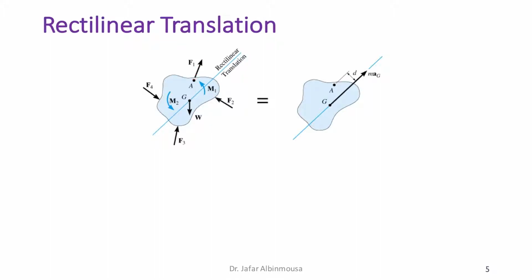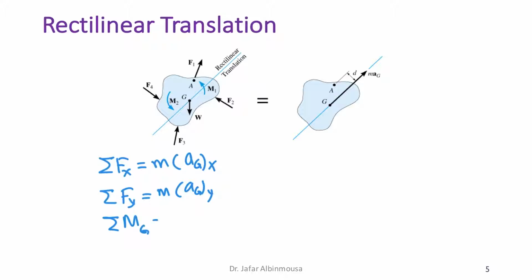If a body which is acted upon by different forces and moment ends up translating along a rectilinear path, then this free body diagram would be represented in the kinetic diagram as one acceleration vector acting along the path of the translation, and we can represent this by the sum of all forces along x equals m a_Gx, and the sum of all forces along y equals m a_Gy. And although we have different forces acting in different directions as well as different moments, the body ended up translating in a rectilinear path, which means we have no rotation, and for that the sum of the moment about G will be equal to 0.